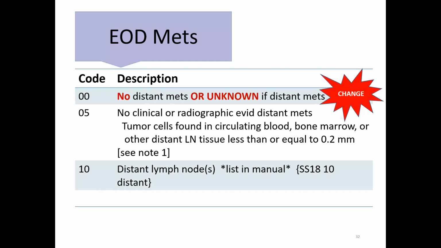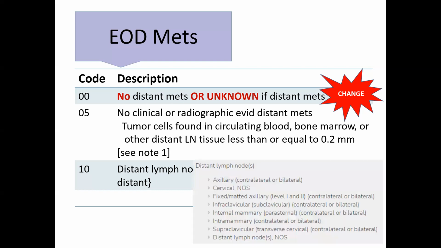Code 10 shows the distant lymph nodes listed, and so I just plugged them in here. Don't try to remember these. We've got good lists in the regional section for regional nodes, and now we've got a good list for what distant nodes are for breast.